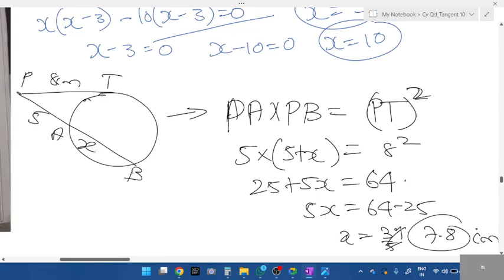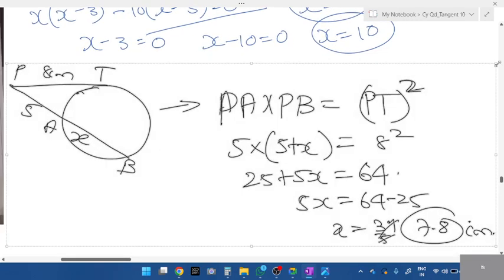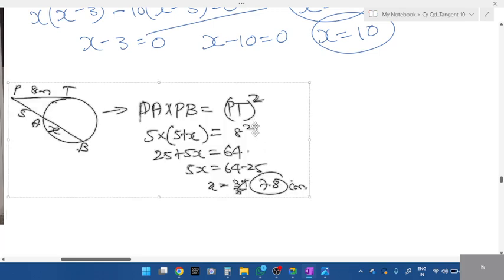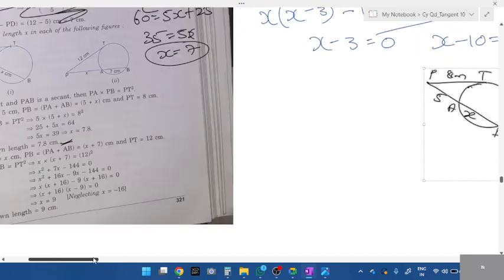Try one question, students. Write it. This was a direct question. There's a tough question where you get even quadratic in that. Just solve that. Wait, I'll just copy the diagram here.